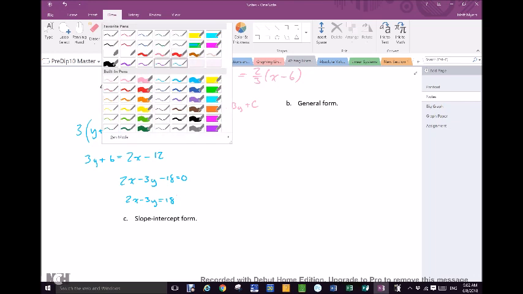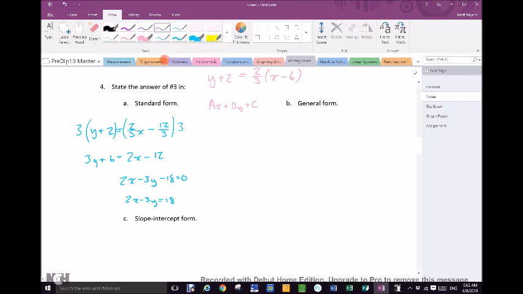I am also going to work that same question in purple, where I do what I like to do. y plus 2 equals 2/3 x minus 6. I like to get rid of that 3 immediately. 3y plus 6 equals 2x minus 12.